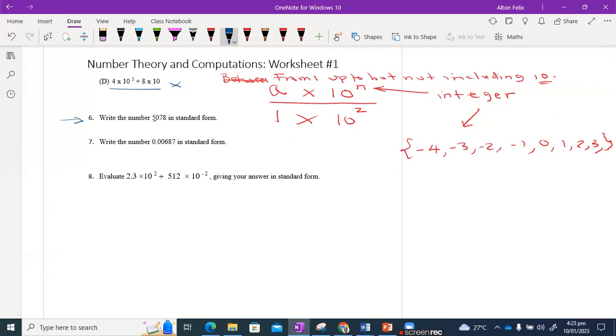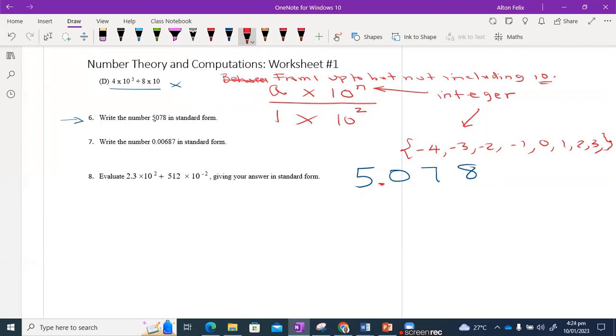So if we are given this number 5078, and we want to write that in standard form, the first thing you do is you put a point right here. So we are making that a number between 1 and 10. Could be 1 as well if that was the case, right? So what next?